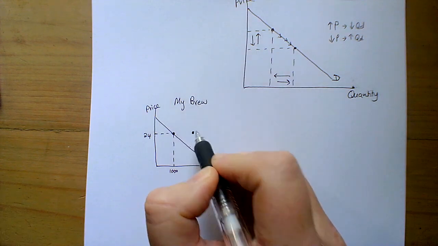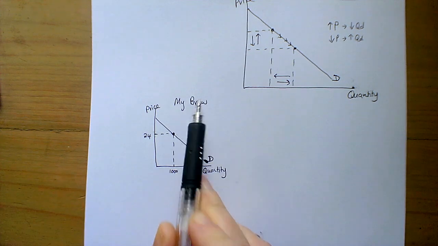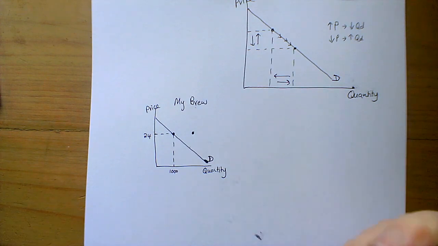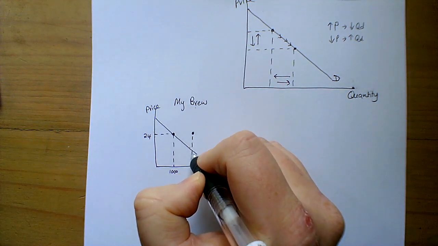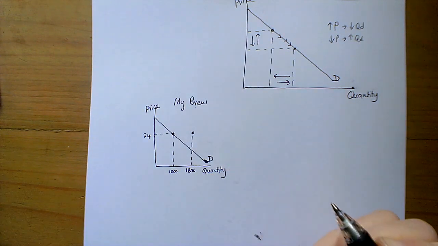So if this marketing campaign is successful and they're able to increase people's preferences towards MyBrew coffee away from, say, Vida or DCM, then they might find that they're able to sell more coffees a day.